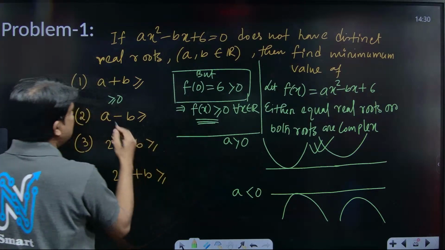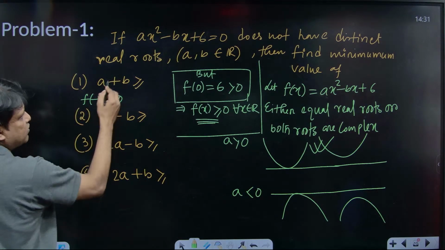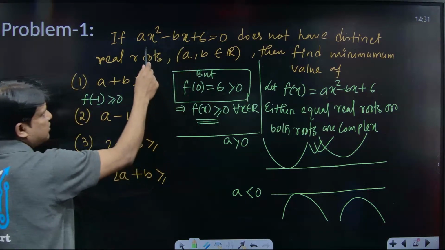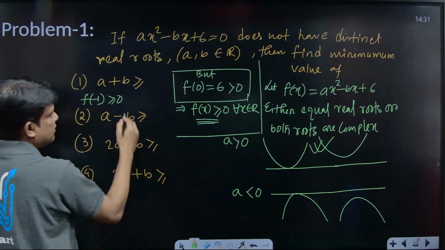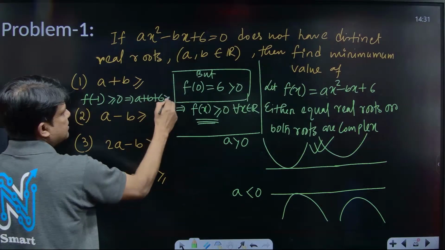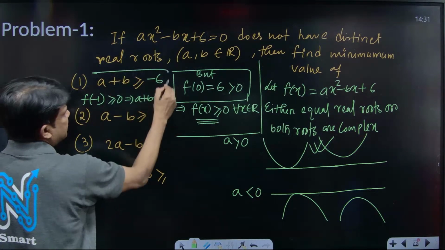Put x equal to minus 1 in this expression, so a plus b plus 6 is greater than or equal to 0. That means a plus b, its minimum value, is minus 6.